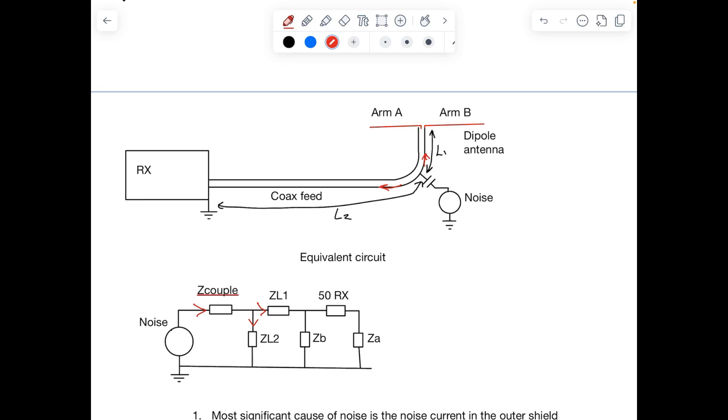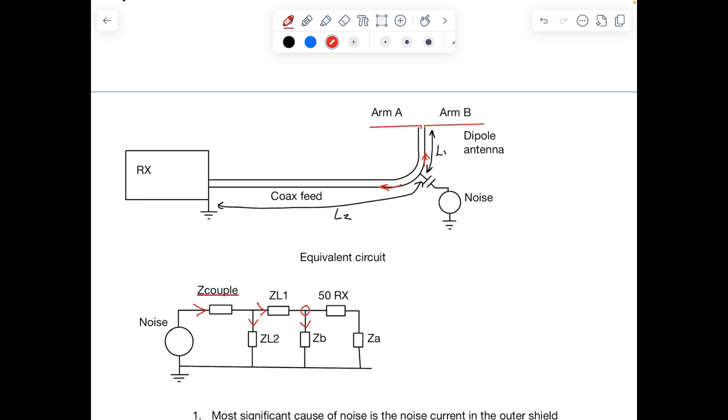Once it flows through the length of coax to reach the feed point of the dipole, we're at this point here. Now we have arm B of the dipole, which presents some form of impedance back down to ground. So we'll have a current flowing from that point down to ground, which I can label as that current there in ZB.